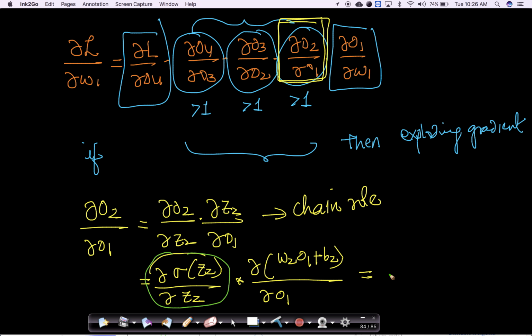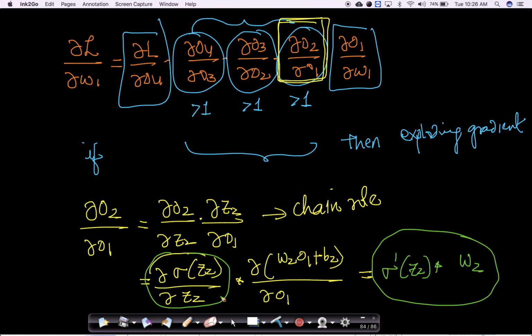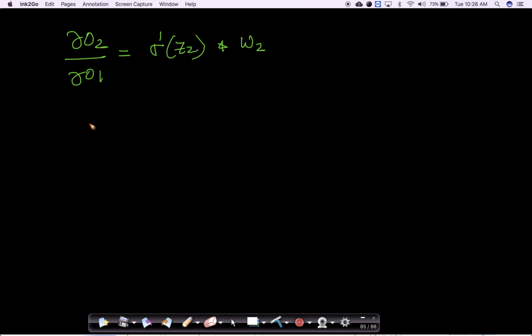So this first part can be written as sigma dash of Z2 multiplied by the derivative of this with respect to O1. O1 is multiplied here by W2, so the derivative of that will be W2, and B2 here is not a function of O1, so you'll get nothing there. So this is your overall derivative: the derivative of O2 with respect to O1 is the derivative of the sigmoid function with respect to Z2 multiplied by W2. Very simple.